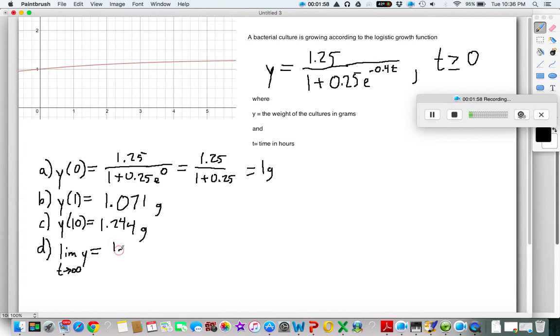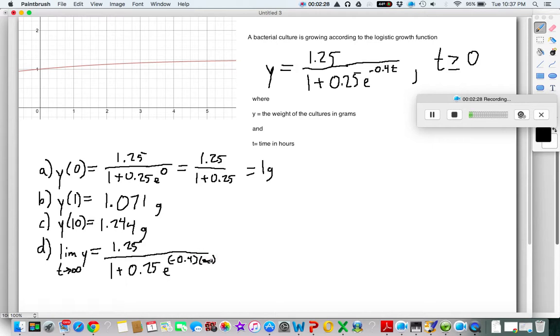So I am going to do this one for you. I'm going to plug in infinity, and what's infinity times a negative exponent? Let's think about that one for a second. Okay, so I've got negative 0.4 times infinity.